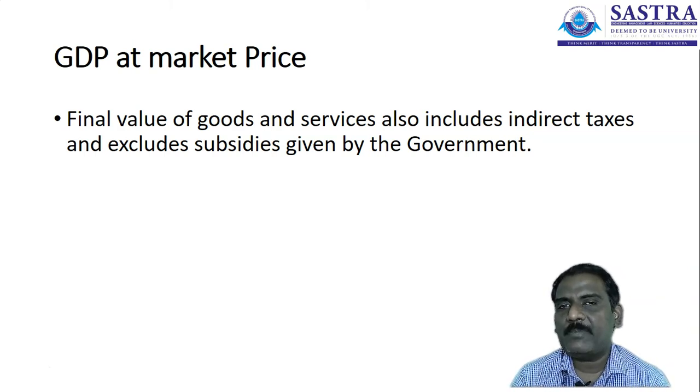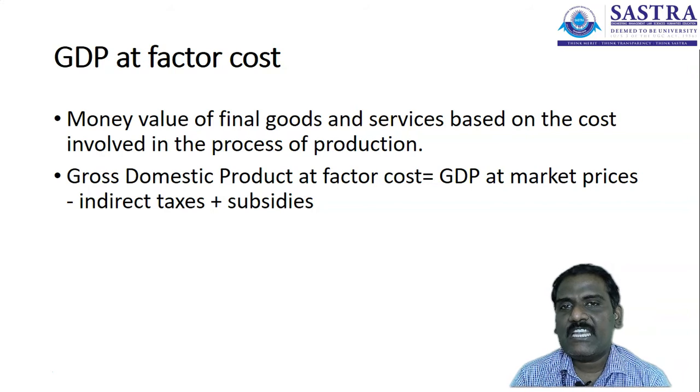It means the GDP is calculated at the price the consumer pays to buy the particular product, which is inclusive of taxes and excluding subsidies. So in that concept, the GDP is calculated at the market price, and the GDP is also calculated at the factor cost.